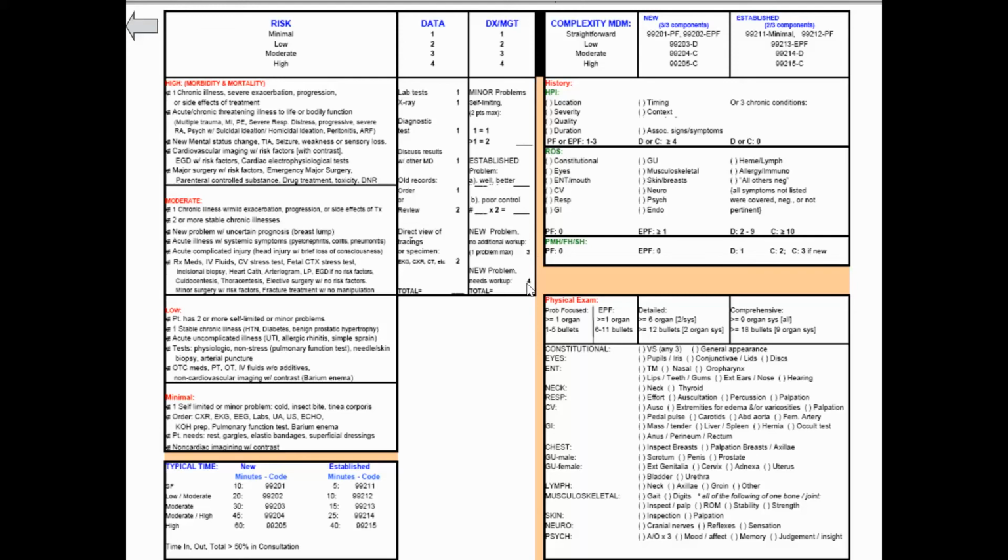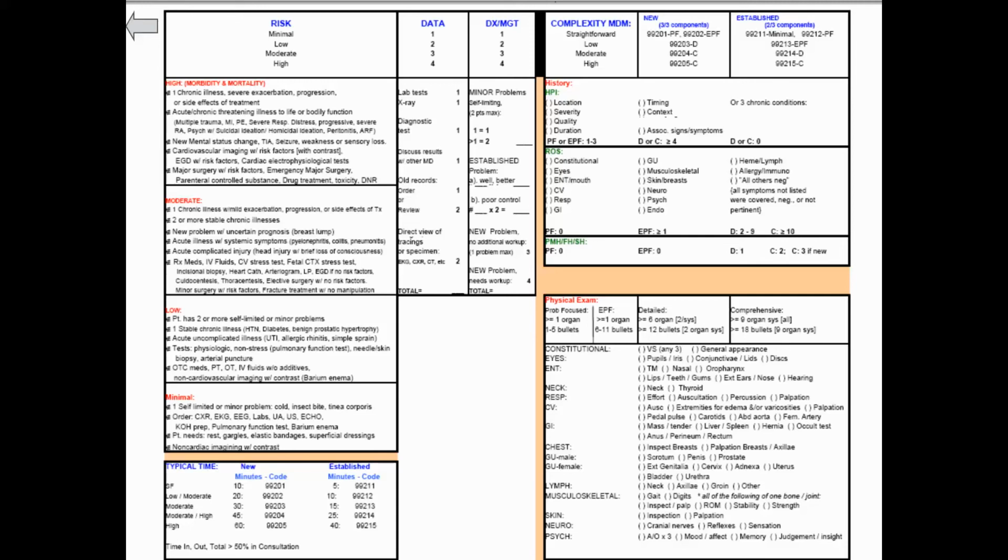Now, this always causes more questions. In general, we're just asking questions when they come in with one new problem anyway. But the questions then tend to reflect on, well, what's the workup? Number one, is it a new problem needing a workup? Well, if you order a CBC, that's a workup.